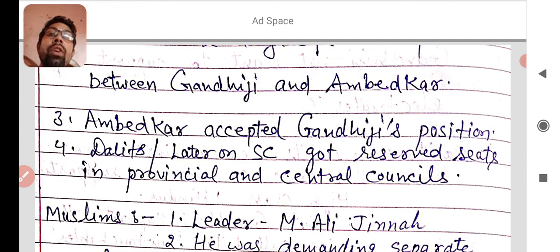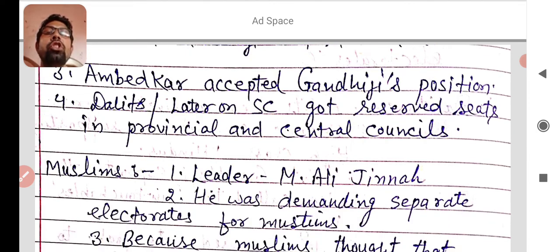But what was the agreement between Ambedkar and Gandhiji? If they got separate, or reserved seats, what was the pact? Ambedkar agreed that there will be reserved seats, but they will be elected by the voting of all people, including generals. I hope you learned the point now.